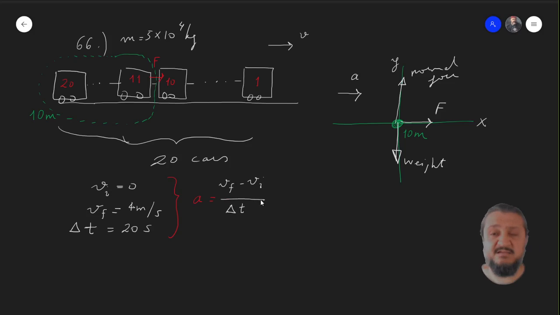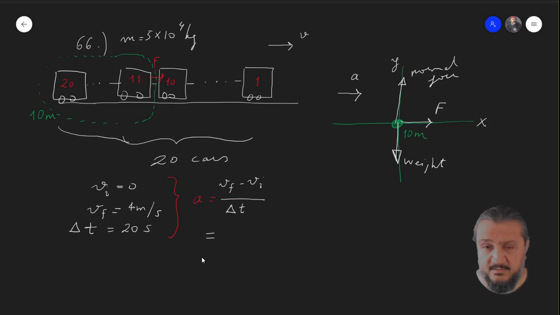You would recognize this as the definition of the average acceleration, but in this case, a constant acceleration is present because there's a constant force. Therefore, average and instantaneous are the same.